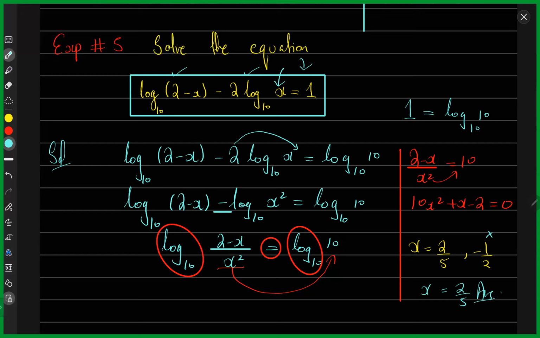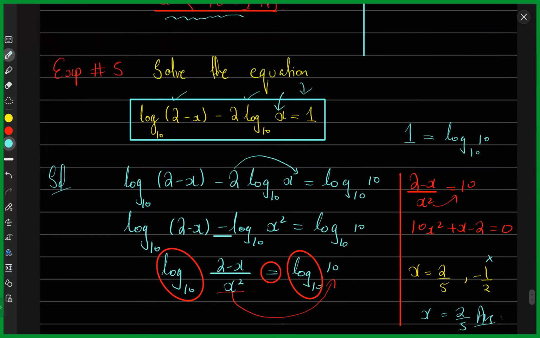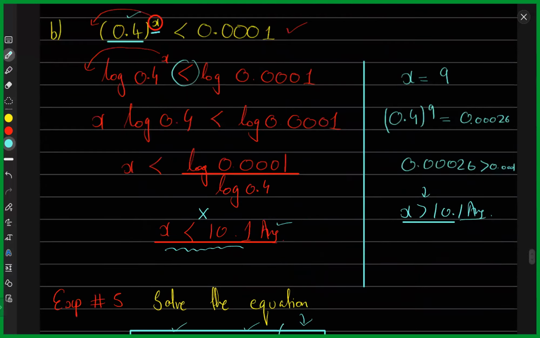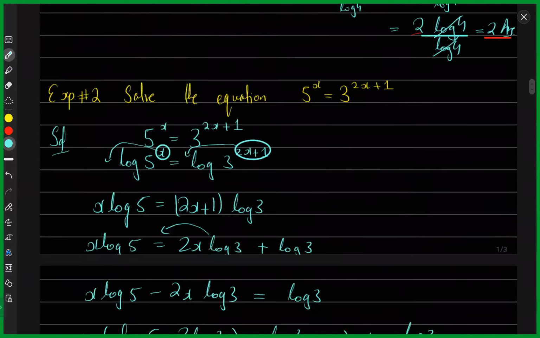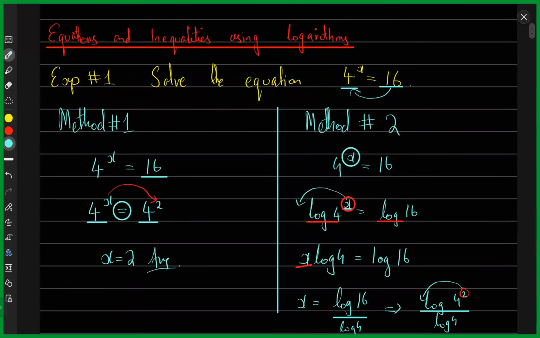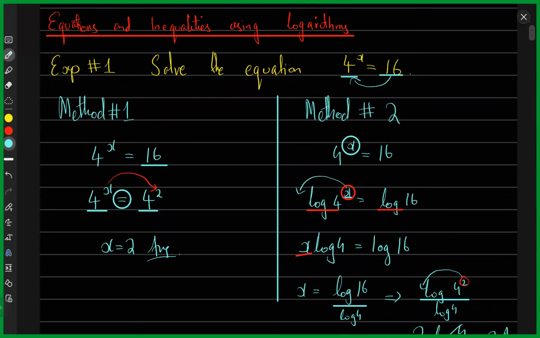So in this video, we had a detailed discussion about logs, about logarithmic equations, about logarithmic inequalities. In the very first example, we did not have log directly, but method 2 basically was all about using log in order to solve the equation. And we know what happens when we apply log.